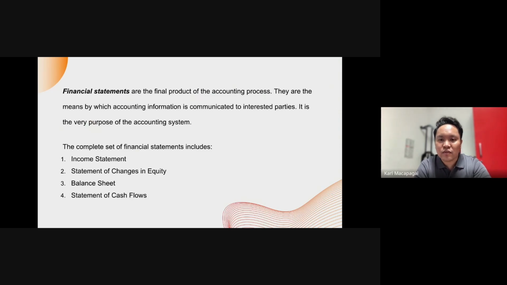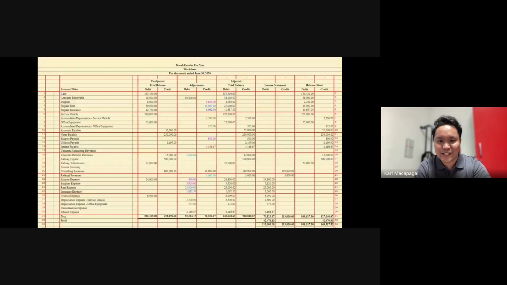The statement of cash flow and the mechanics on how to prepare the accompanying notes are discussed lengthily in higher accounting subjects. So again, we'll just focus our attention in basic accounting on the following financial statements: income statement, statement of changes in equity, and balance sheet. And I almost forgot, the fifth of the complete set of the financial statements is the notes to financial statements.